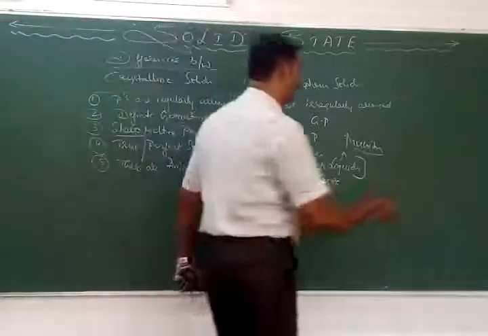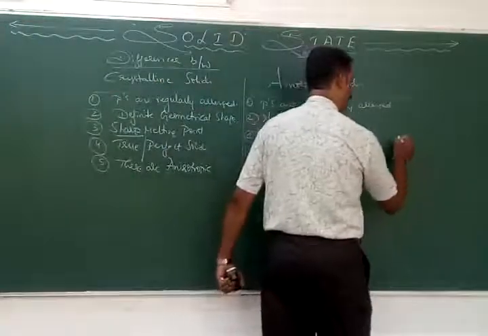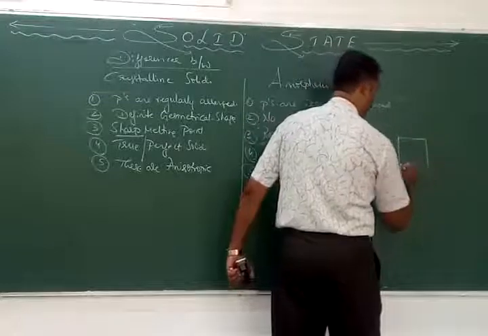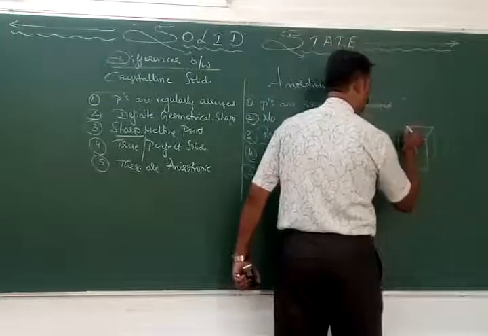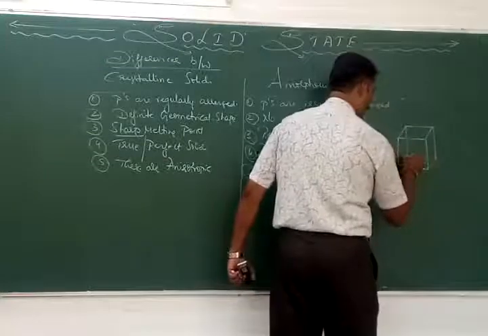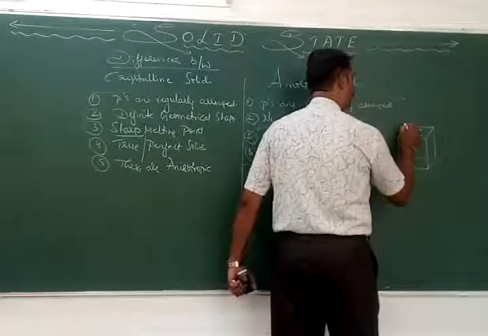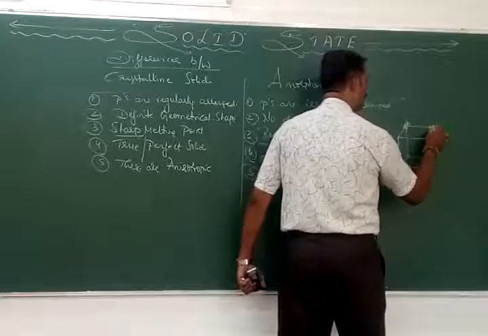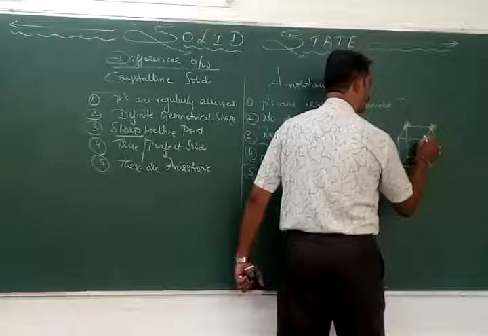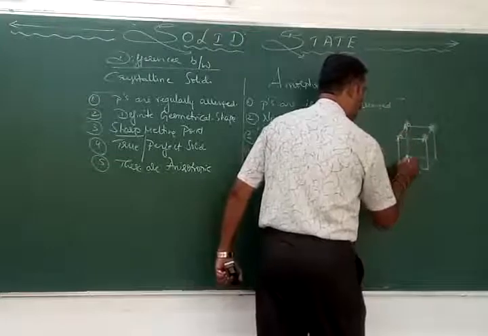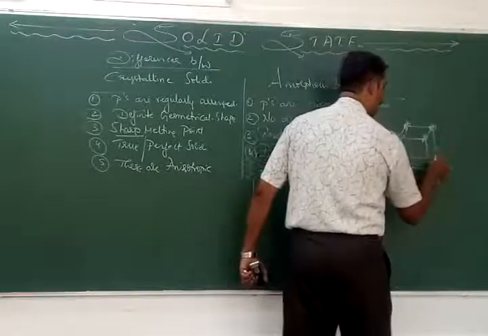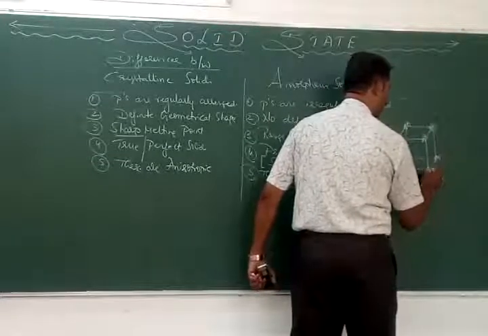So let us have an example. I will write only a rough diagram. Let us take A plus, B minus, A plus, B minus, A plus, B minus, A plus, B minus.